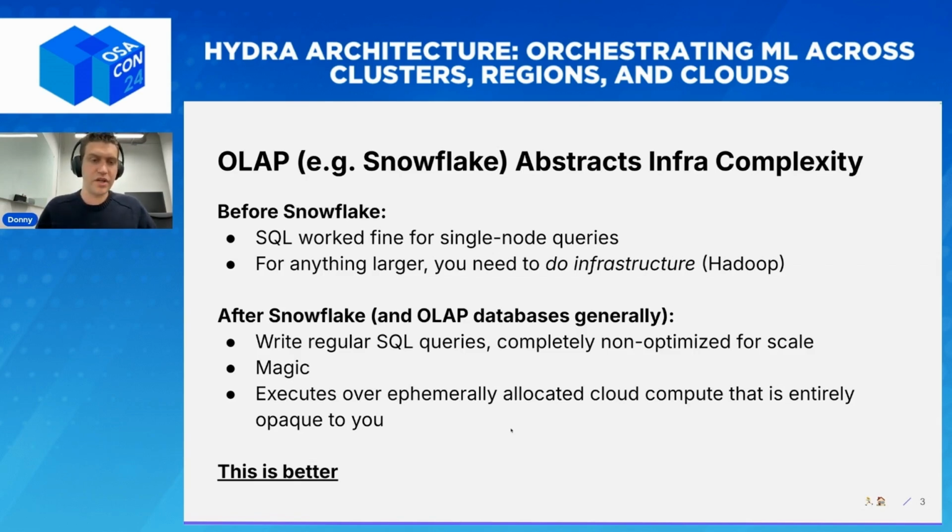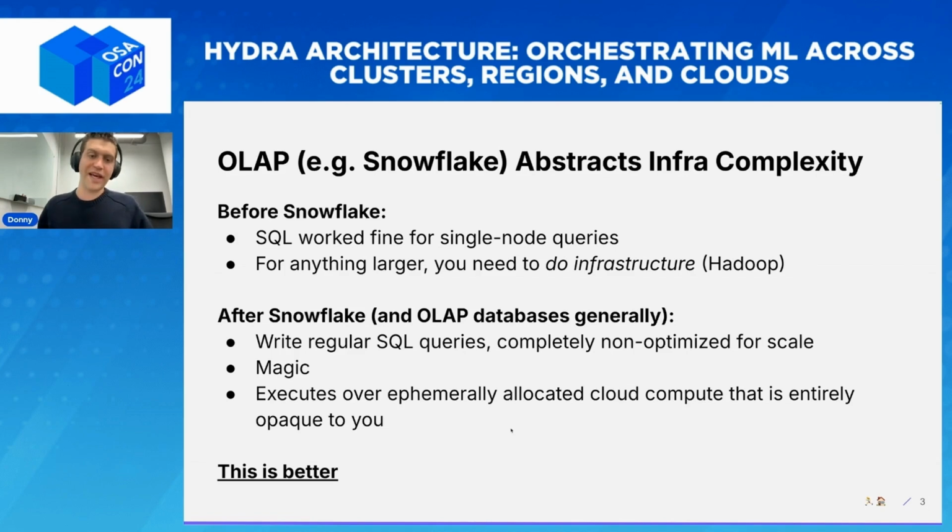But anything that required data or compute that was too large for a single node, you needed to do infrastructure stuff. That might mean staffing a team to manage your Hadoop clusters, and then even having to massage your queries and break them up to actually get them to run on your infrastructure. Often that meant working really closely with the infrastructure team.